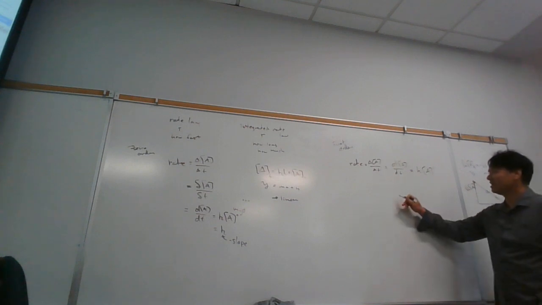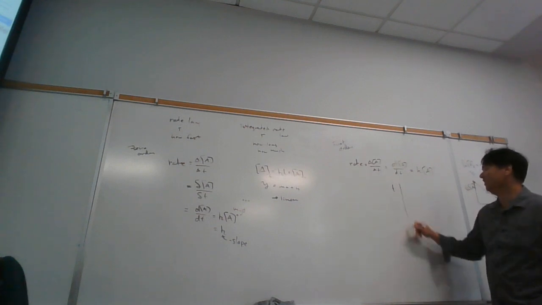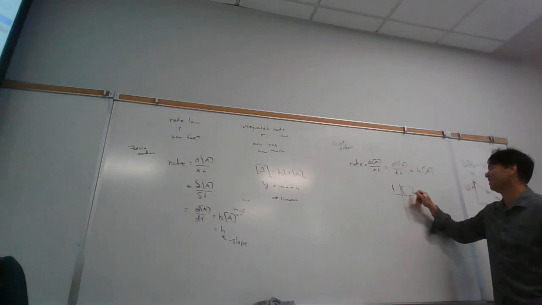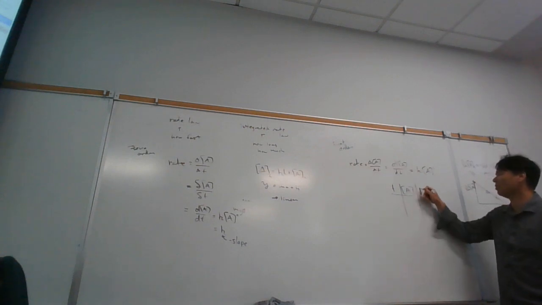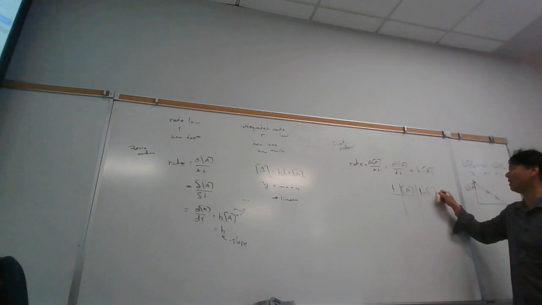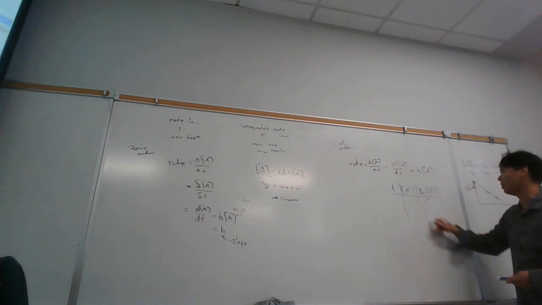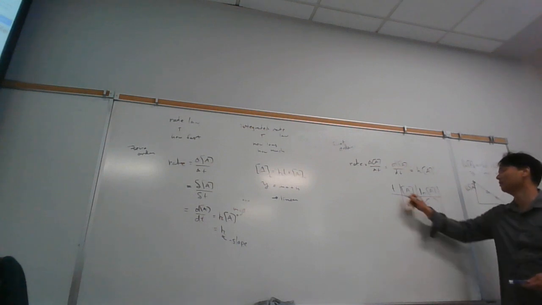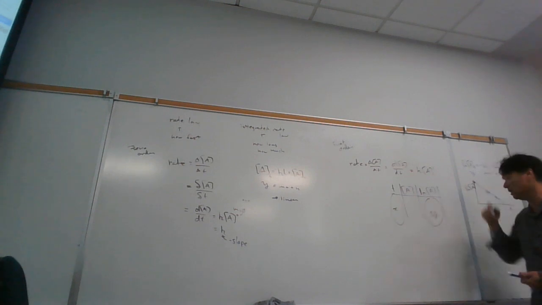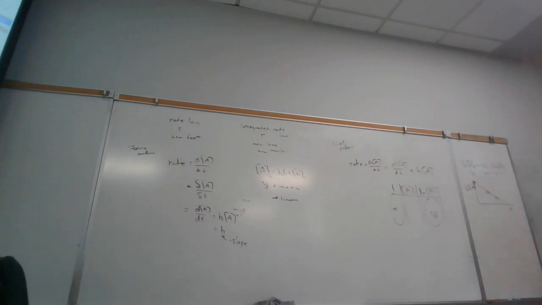And so when we do our data table for first order, we're going to take our data here and then add one more column, and this would be the ln of A. And then we'll make a plot of ln of A. This would be our y, and this x would be t, the time. And the slope of this is going to equal negative k. So the slope equals negative k.